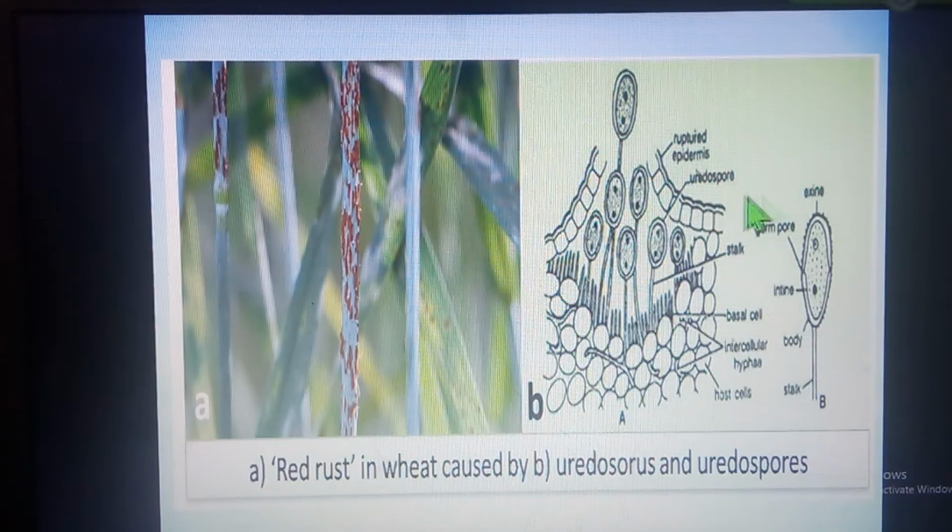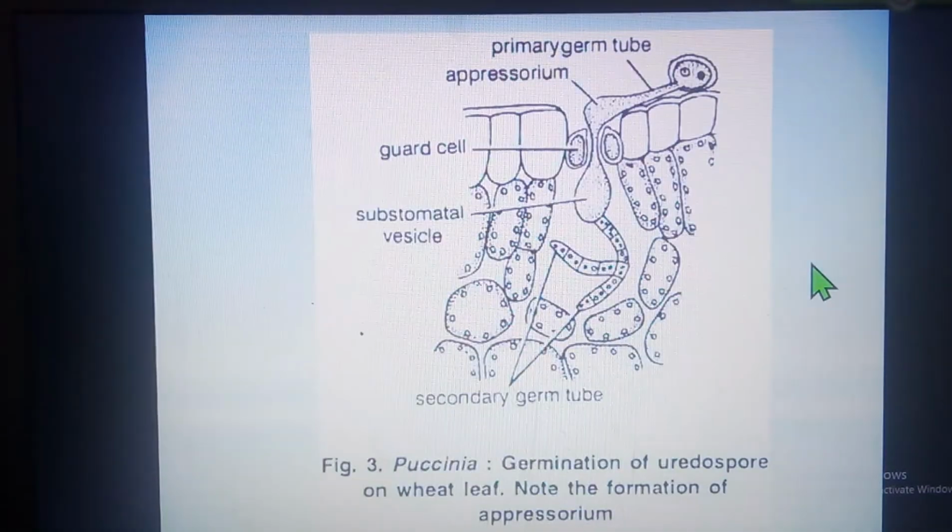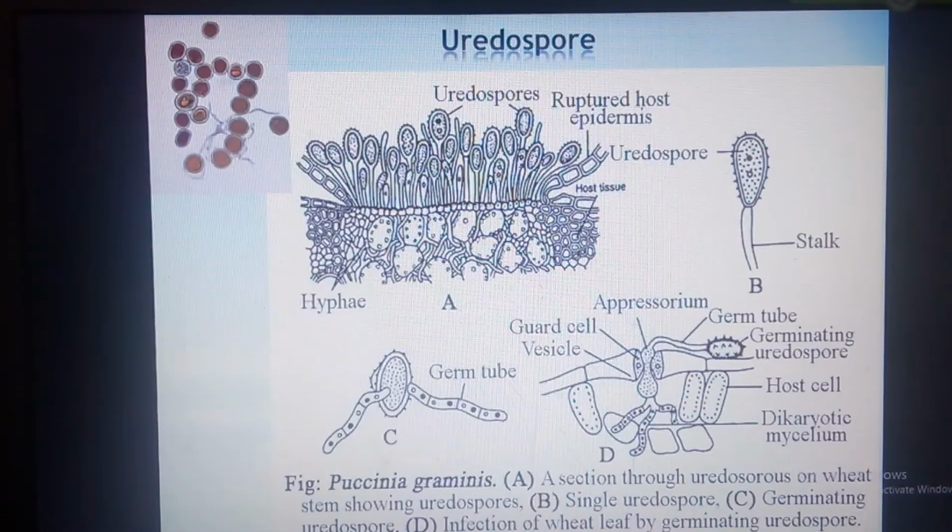If we take a look at a single urediospore here, it is oval. I had mentioned it is also unicellular, brown, with a thick wall. It has these germ pores from which the germ tube will exit upon germination.